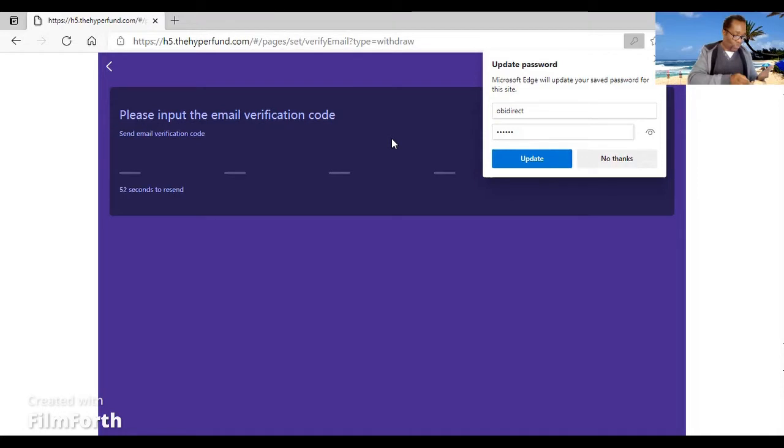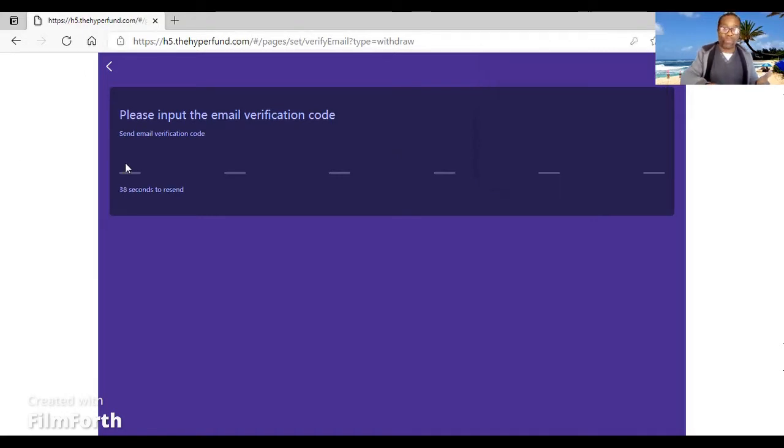Verification code has been sent, which I have to quickly get right now and then type it in. I have 1 minute to do this.